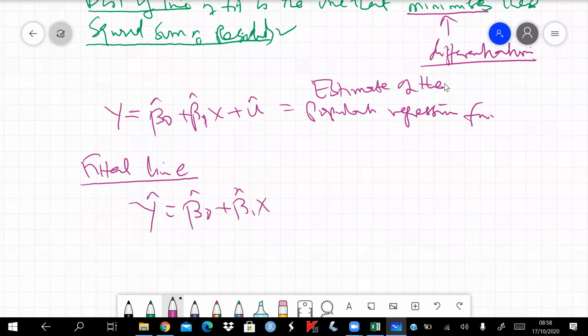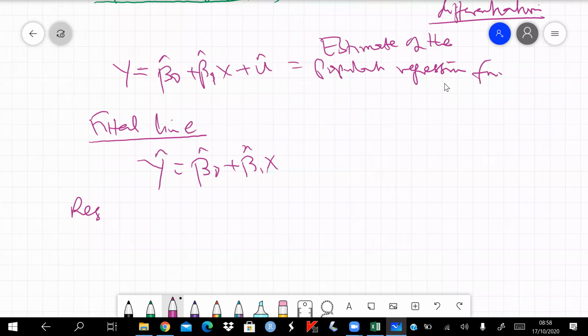Okay, so the residual is the difference between these two equations. The residual is y minus y hat. So this one minus that. And if you take the difference, what do you get?